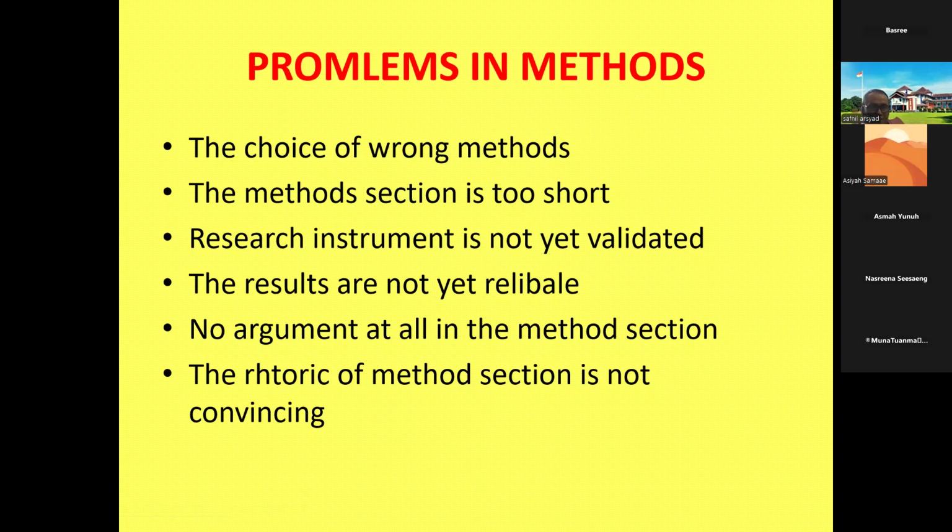Another problem is that the method section is too short, so this is suspicious. Readers will not believe that your data are reliable and valid if you do not describe or explain or justify your method.